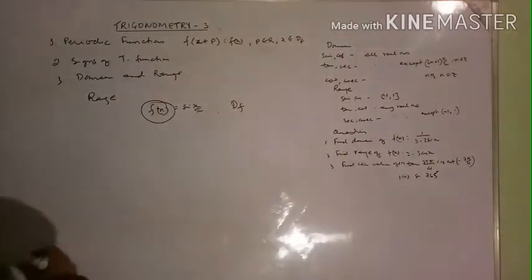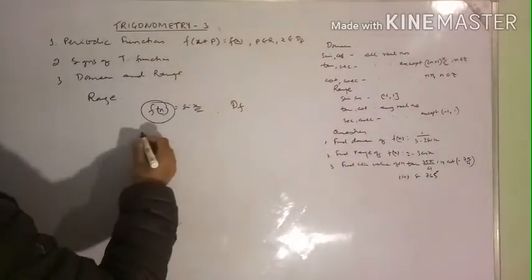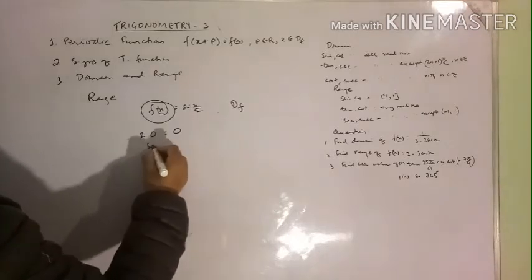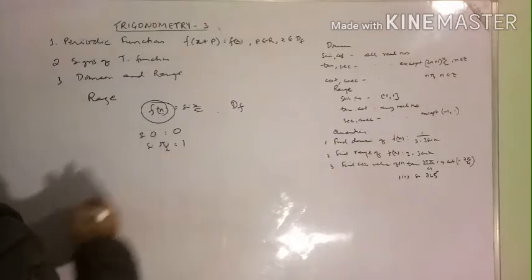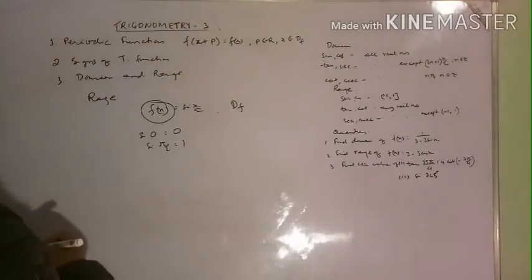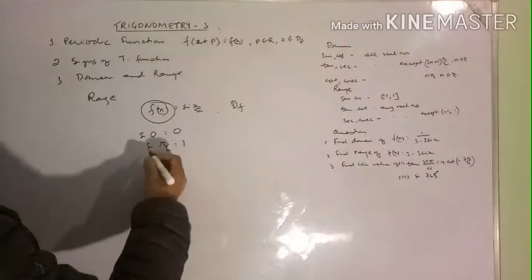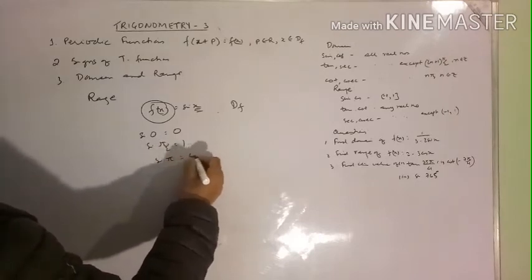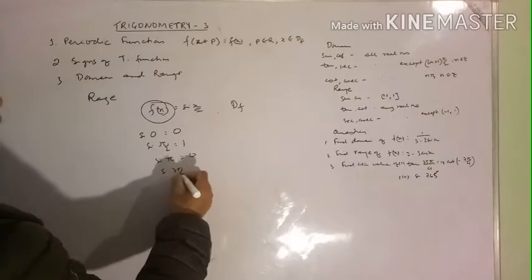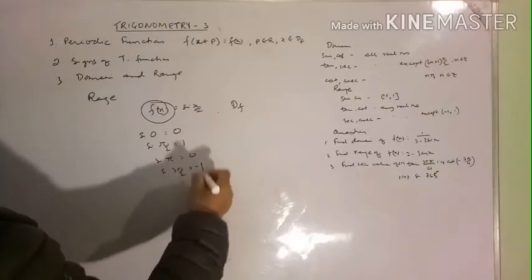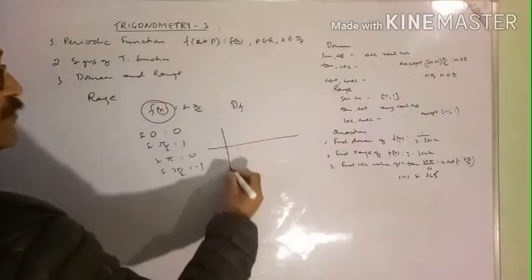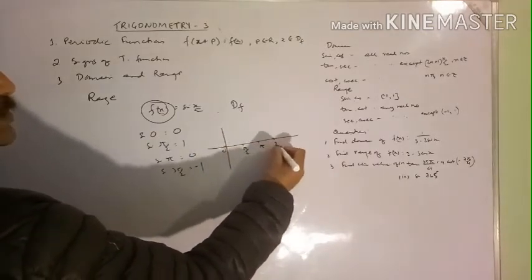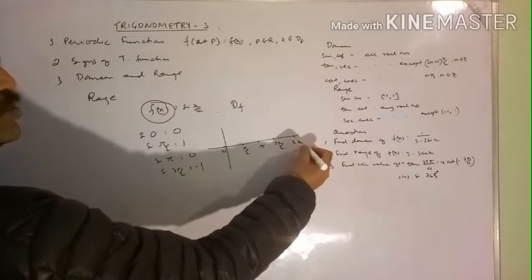You see, sine 0 is 0, and sine 90, that is pi by 2, is equal to 1. Then sine 180, sine pi, is again 0, then sine 3 pi by 2 is equal to minus 1. If you look at the graph for sine, this is 0, this is pi by 2, this is pi, this is 3 pi by 2, this is 2 pi, and so on.